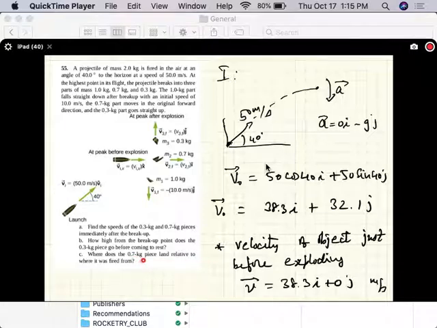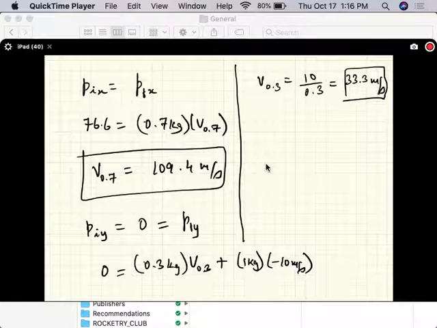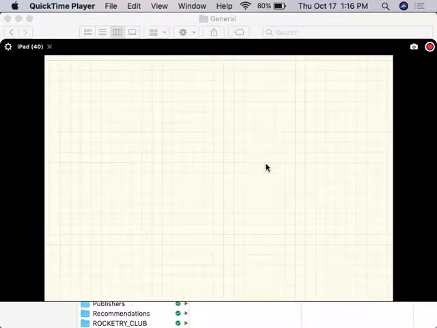Where does the 0.7 kg piece land relative to where it was fired from? Okay, so now here's where he fired it from. This guy took off, and so he'll still go on a parabolic trajectory, except that those two parabolas are different. This is part C. Okay, so let's make sure we understand the diagram.